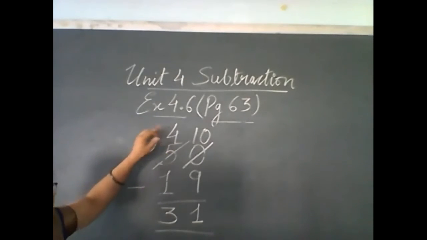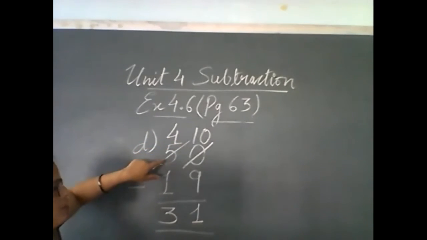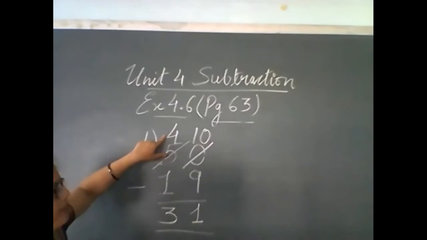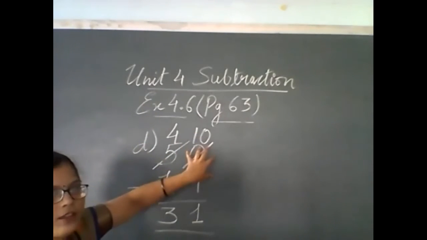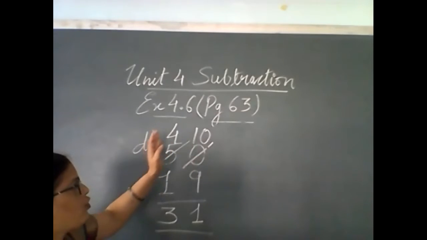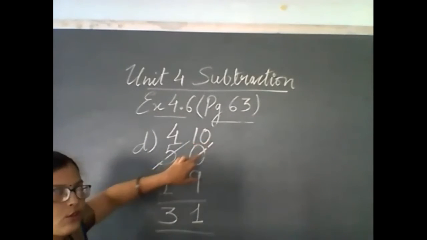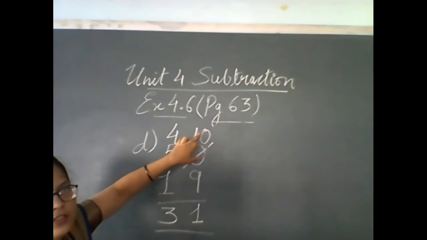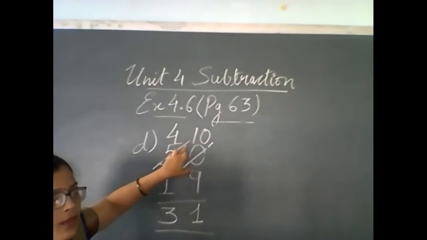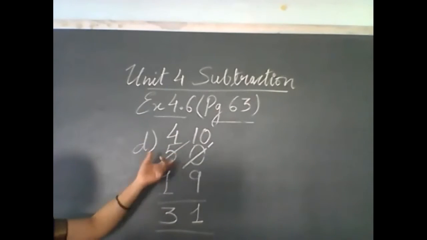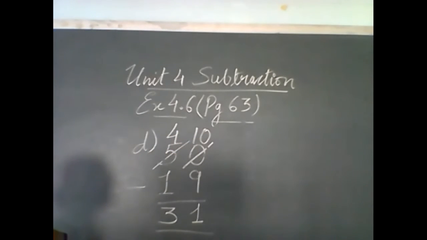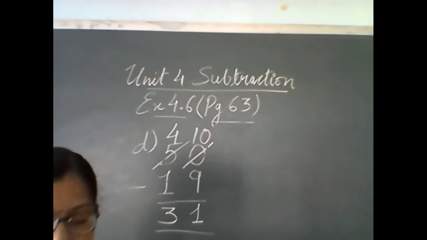And another thing, the borrowing which you are passing to 1's place, there also you have to make the changes. If you do not make the change and subtract like that, your answer will go wrong. I hope you all have written.